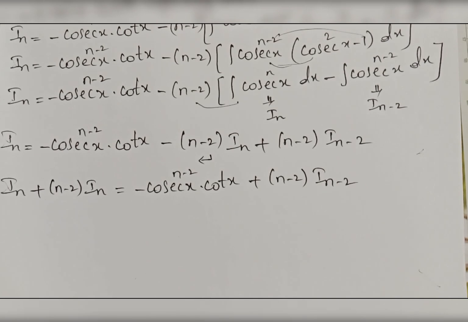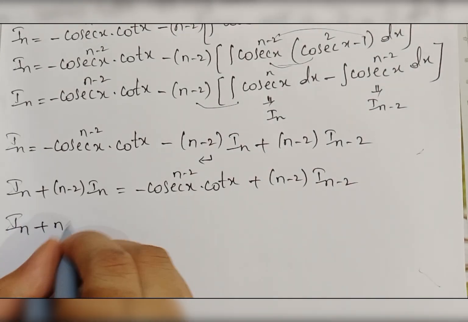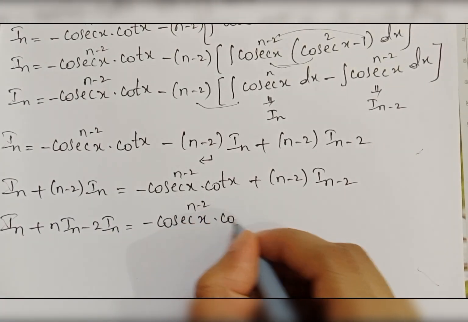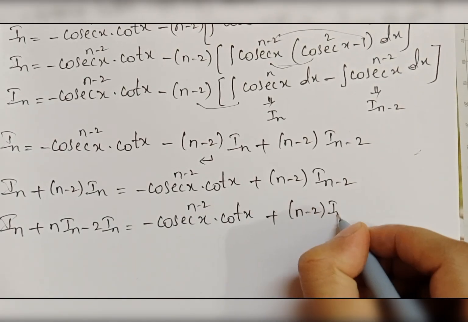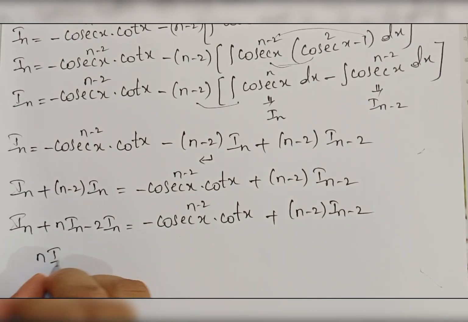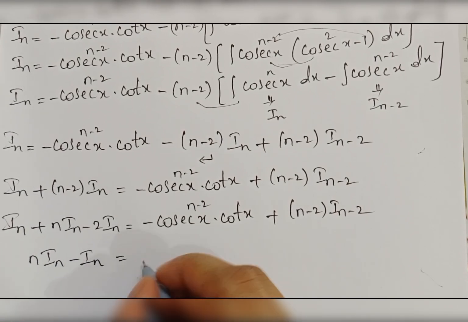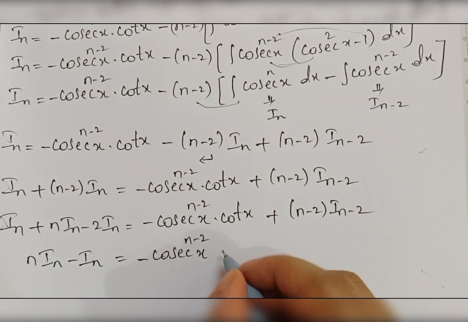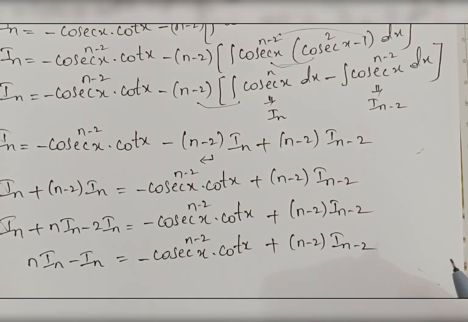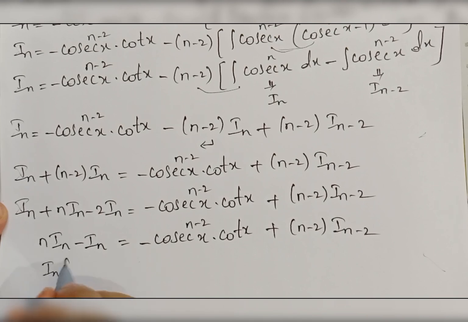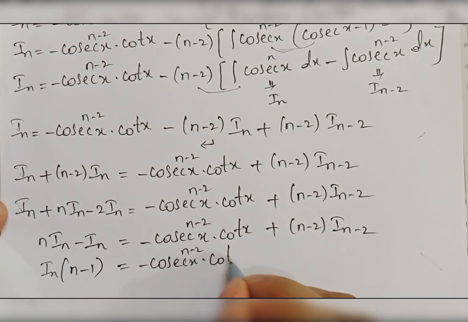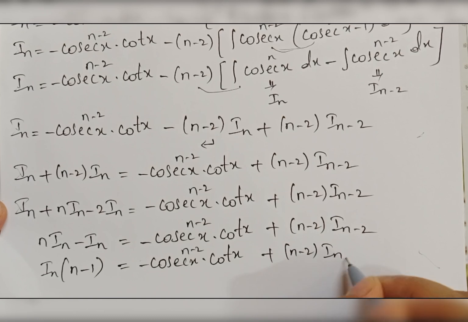Now taking I_n common here, it will be n minus 1 into I_n is equal to minus cosecant x power n minus 2 into cot x plus n minus 2 into I_n minus 2.